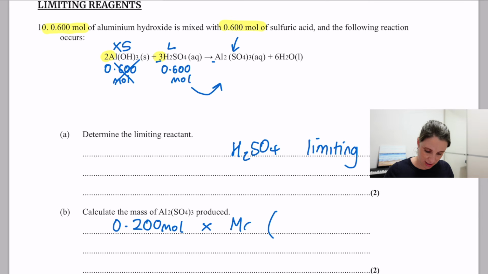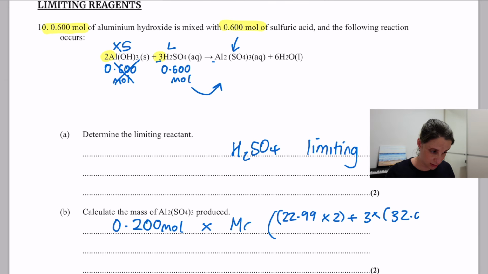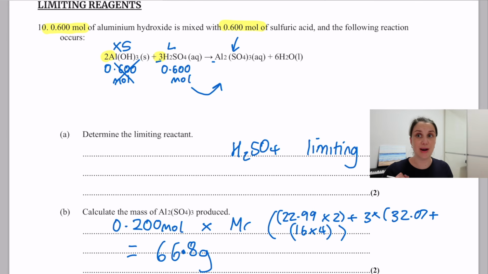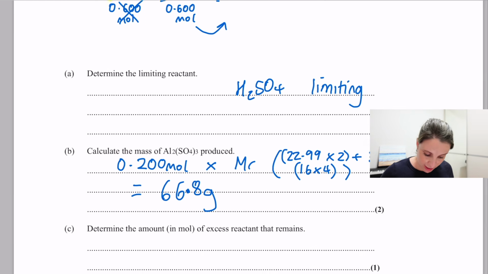So to do that, you're going to need to do your 22.99 times 2 from your periodic table, plus your 3 times 32.07, plus 16 times 4, all in brackets, and overall you should get 66.8 grams. There's a point there, 66.8 grams overall. Cool. So let's have a look at our final question.